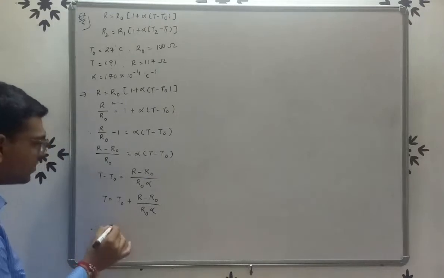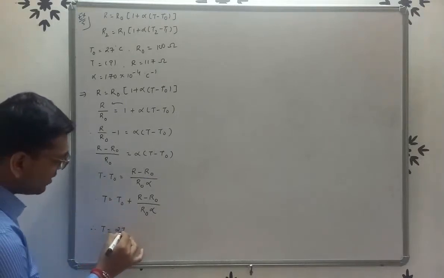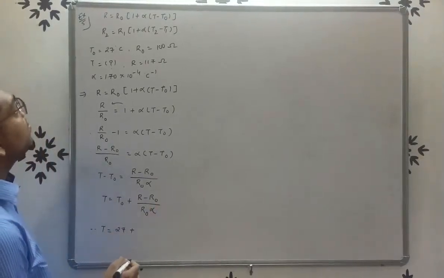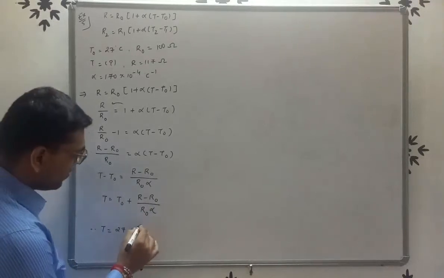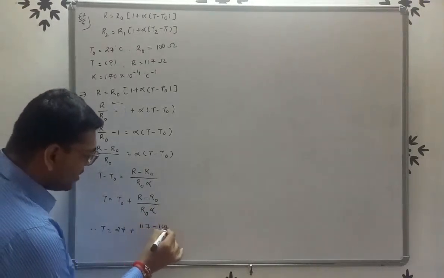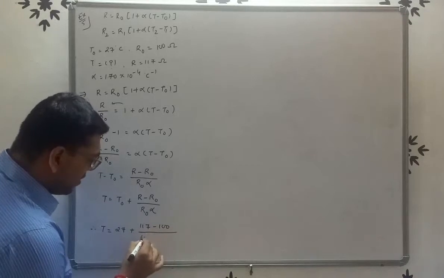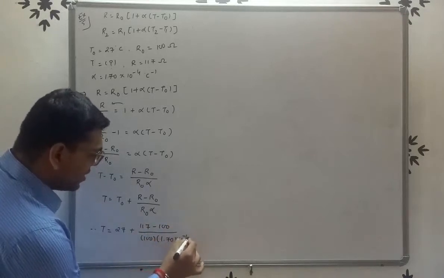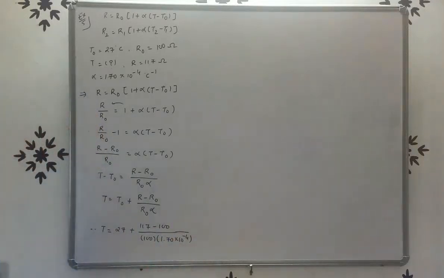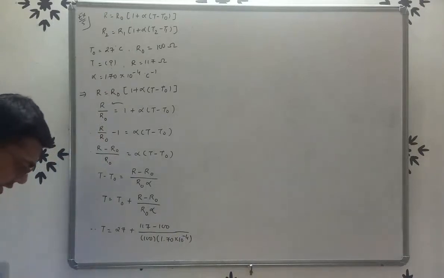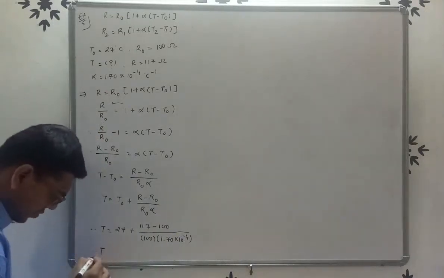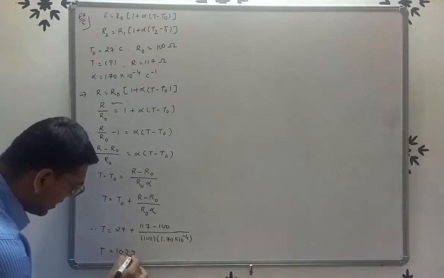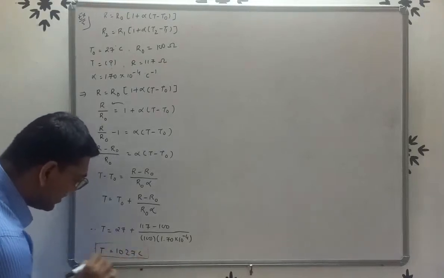So T is equal to the value of T0, 27, plus the value of R, 117, minus R0, 100, upon 100 into alpha, 1.70 into 10 raised to minus 4. Right. Now if you solve this, then you will get temperature T is equal to 107 degrees Celsius.